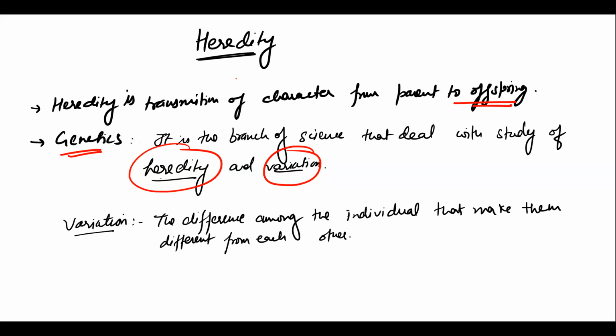For example, if I have the height of my father, my brother can have the height of my mother. If I have the blood group of my father, my brother can have the blood group of my mother. We get characters from both parents, but it is not necessary that the father's characters are always dominant over the mother's.